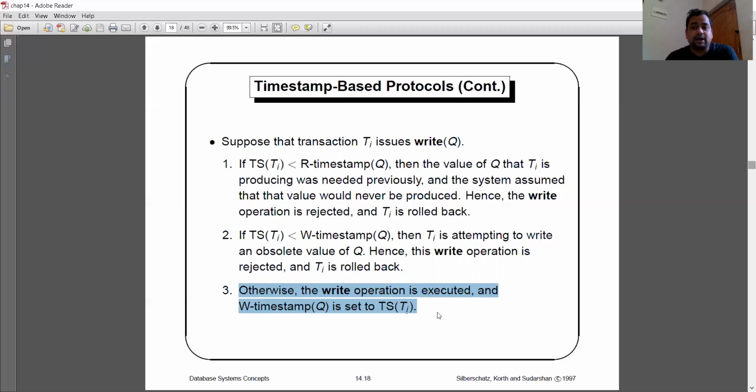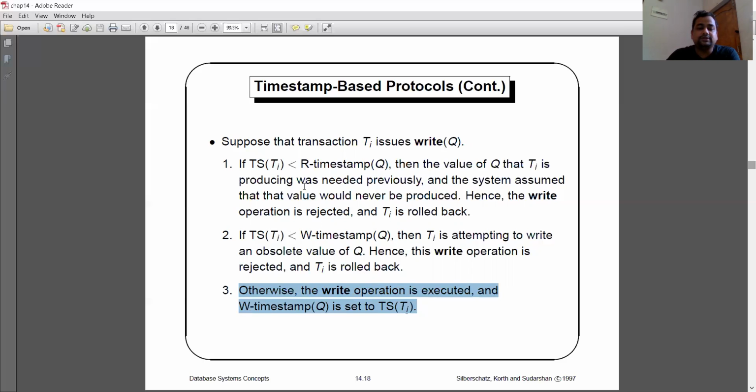If the above two rules are not satisfied, then we can execute the write operation.